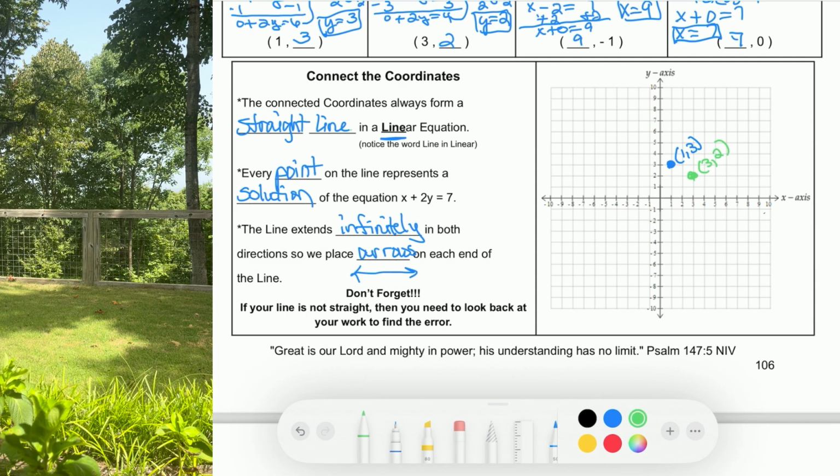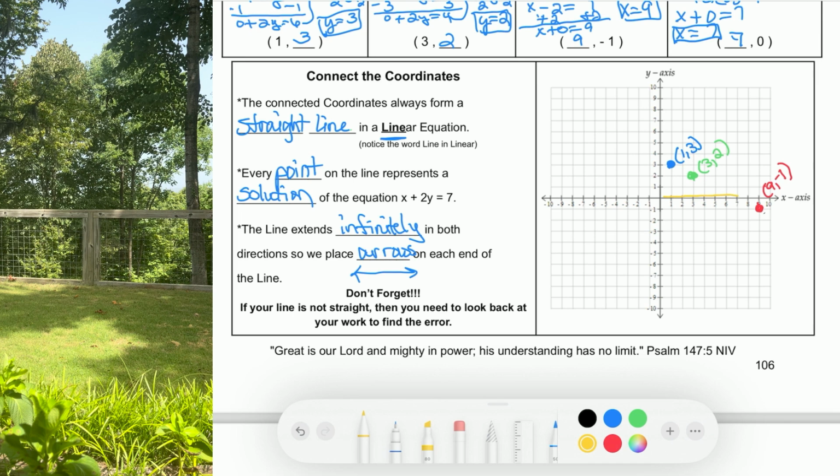The third one is 9, -1. Let's see here. I got to go all the way over to 9 and then down to -1. So label that one. That's 9, -1. And our last one is 7, 0.